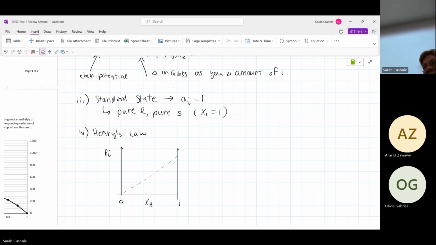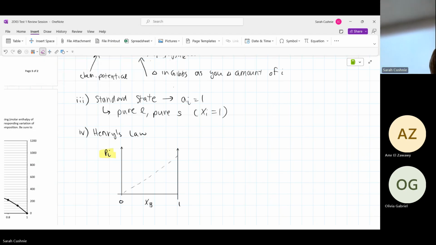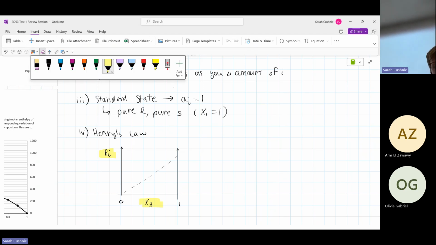Anyways, Henry's law. Basically, we have the system, and we want to plot how the partial pressure of component i, as we vary the amount of B in the system, changes. If we had an ideal case, it would go in a straight line: as you add more B, you get more pressure of B. But in reality, that isn't always the way systems behave.